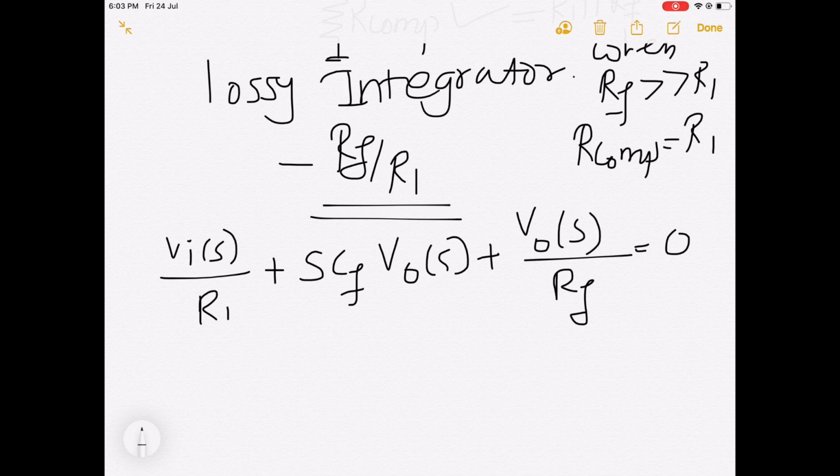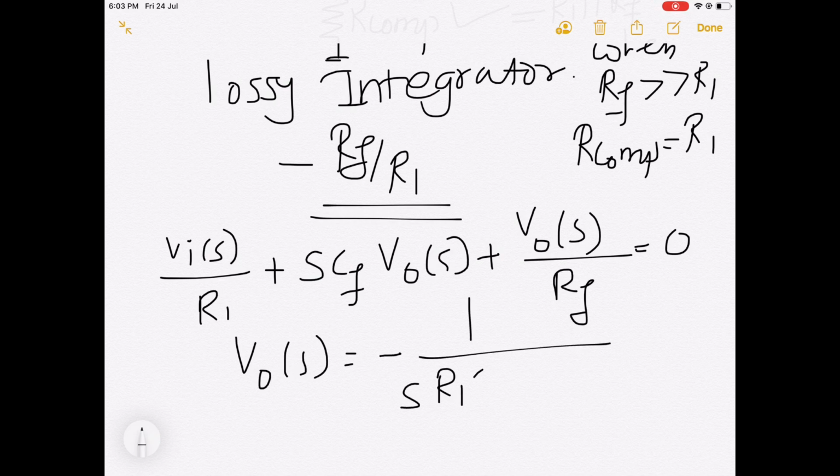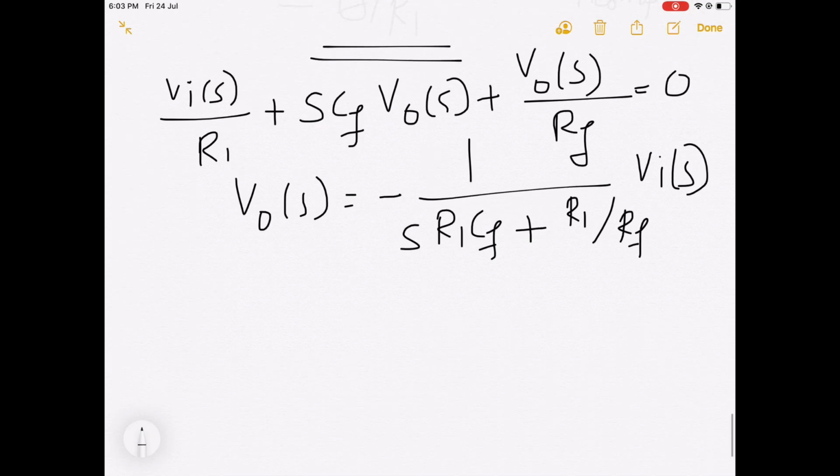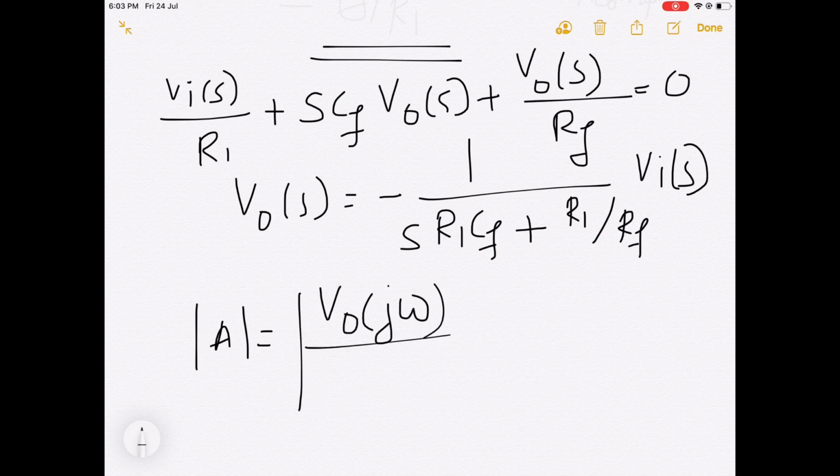So, rearranging the above equation, we get VO of S equal to minus 1 upon S R1 CF plus R1 by RF, into Vi of S. Okay, and we want to calculate the gain of this integrator. So here the magnitude of gain is nothing but VO of j omega, putting S equal to j omega.